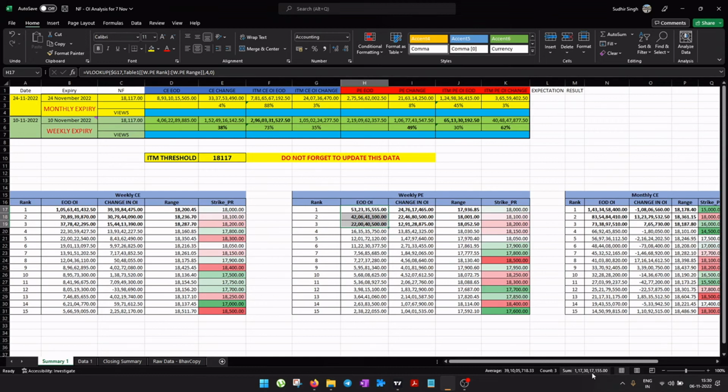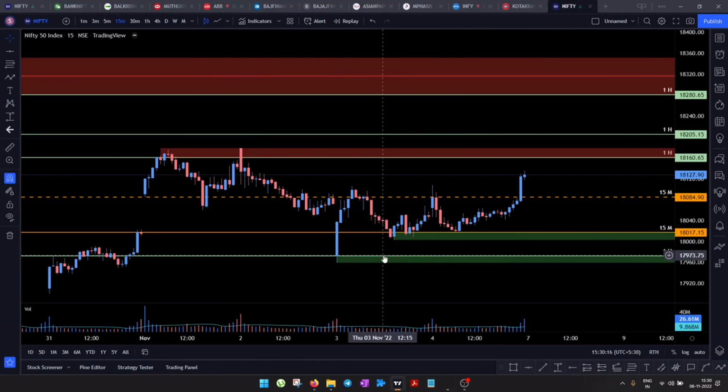This is a small amount of data, a small value. It will increase going into Monday and Tuesday, but as of now, 117 crores on the long side is there across 17,900 to 18,000 levels, right? So that is this area, right? So this is how it looks.